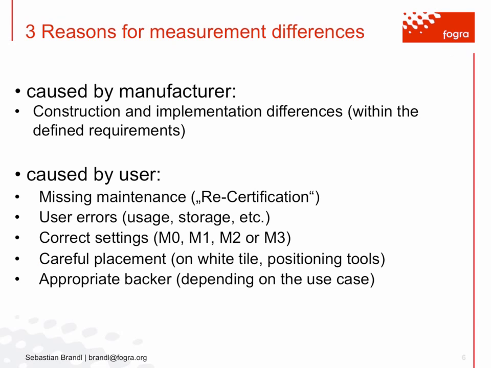So what are typical reasons for measurement differences? We would like to differentiate between reasons caused by the manufacturers and caused by the users. The reasons for differences caused by the manufacturers are typically the constructions and implementation differences within the defined requirements. Of course, differences between an integrating sphere instrument and a 45:0 instrument are obvious.